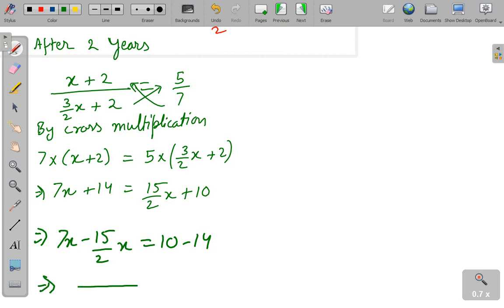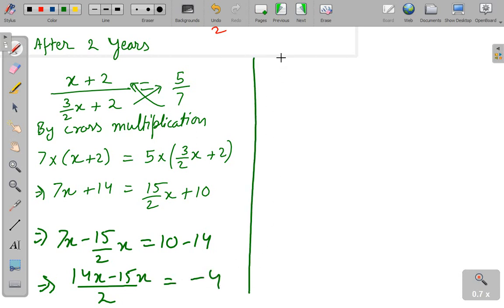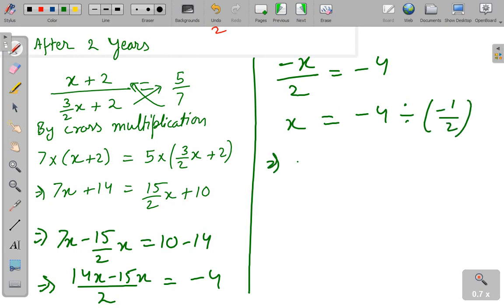On taking the LCM, 14x minus 15x is equal to minus 4. So minus x upon 2 is equal to minus 4. Transporting, x should be equal to minus 4 into minus 2 upon 1. Minus 4 into minus 2 will be 8.